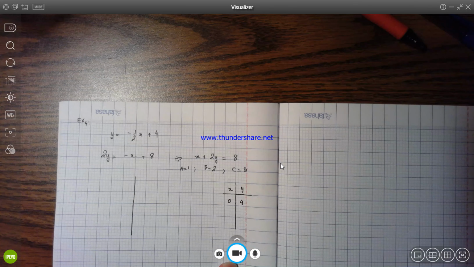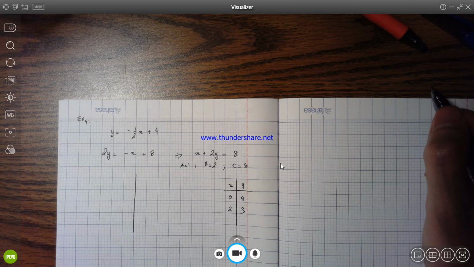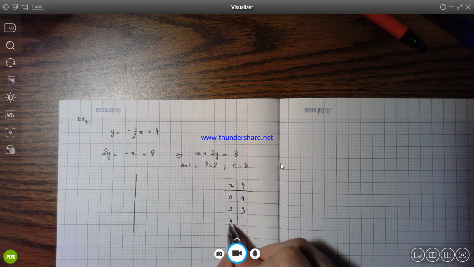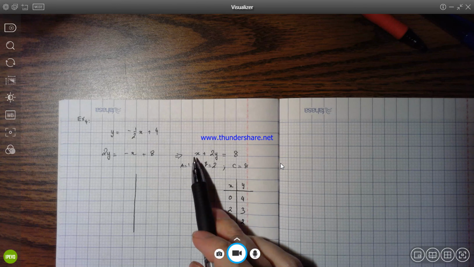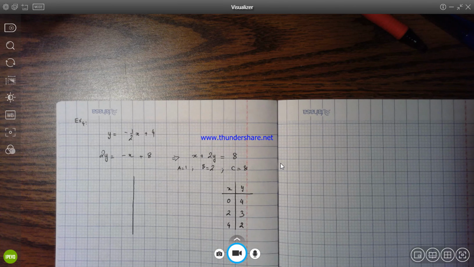If x equal to 2, 8 minus 2 is 6, so that will give you 3. I'm going to try to do 3 points. If x equal to 4, then we have 2, right? 8 minus 4 is 4, 4 divided by 2 is 2. Okay, so I have 3 points.